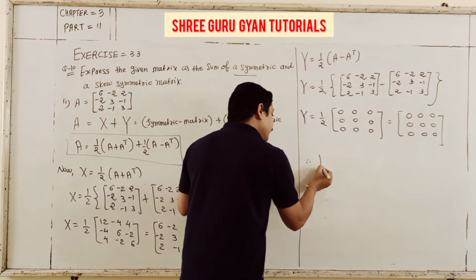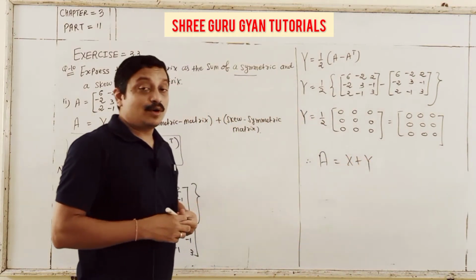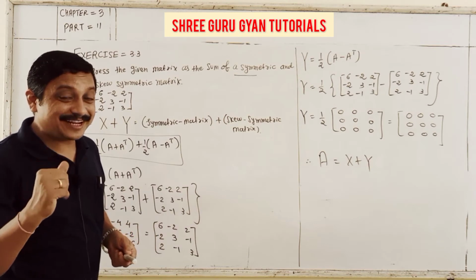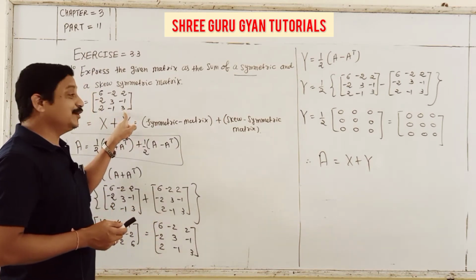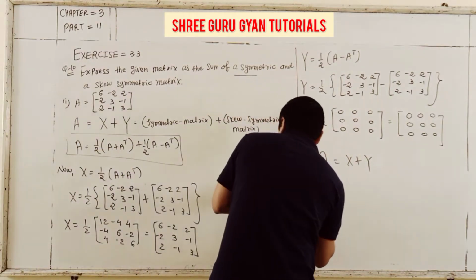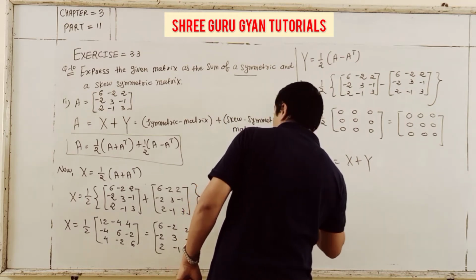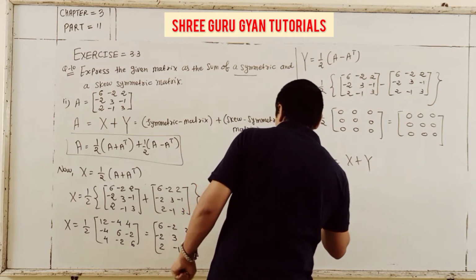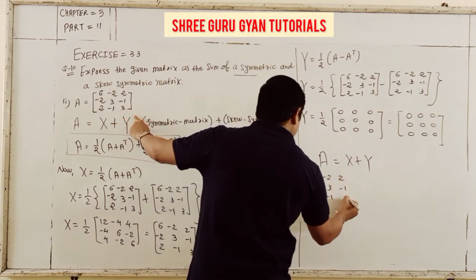So finally, matrix A is a sum of the two, skew symmetric and symmetric. This is symmetric. Unfortunately, this comes to the question again, it means Y is 0. So my answer is A: 6, minus 2, 2, continue minus 2, 3, minus 1, and last 2, minus 1, 3.